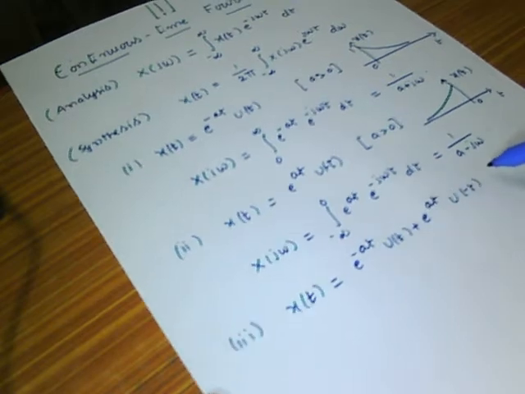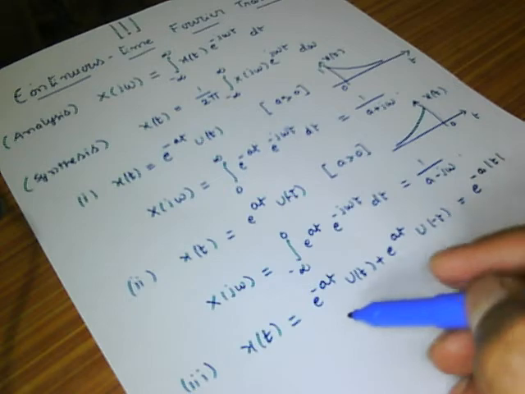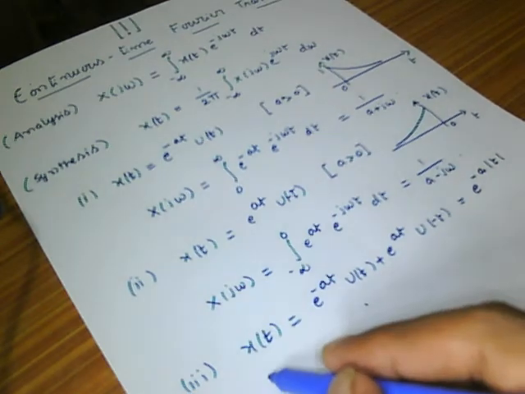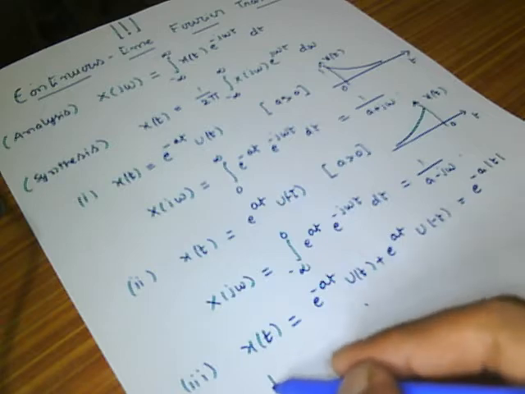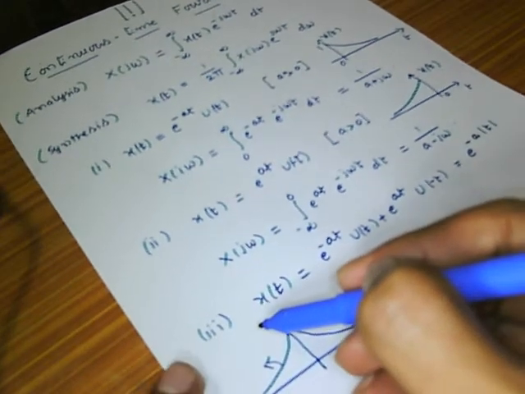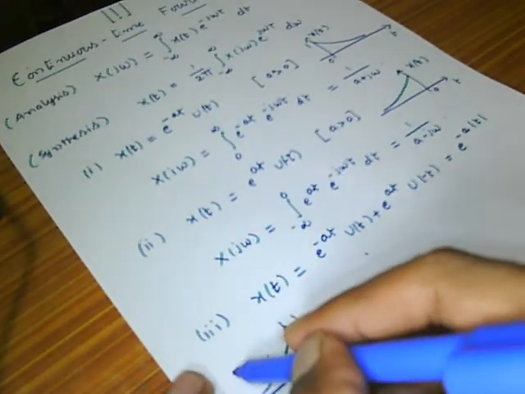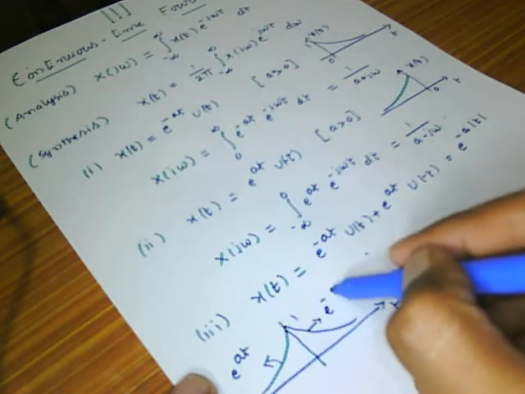This signal can be written as e power minus a mod t, the plot of which will look something like this. The equation of this curve will be e power at, and the equation of this curve will be e power minus at.